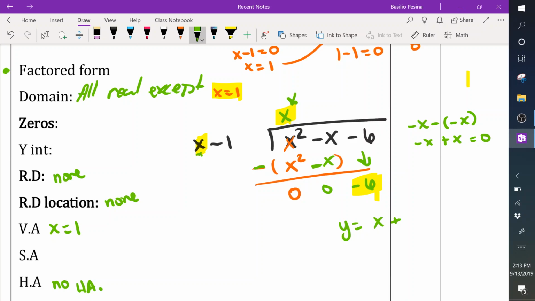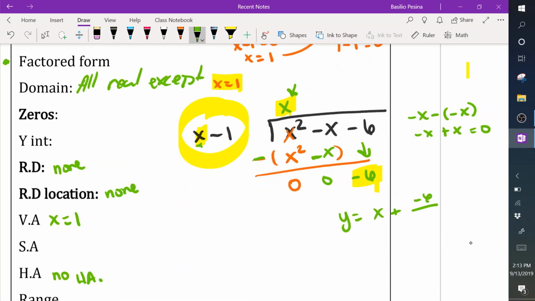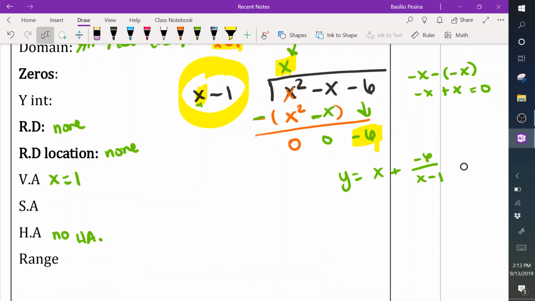So it's going to be plus negative 6 over what it was being divided by originally, so all of this, x minus 1. So this is the equation for my slanted asymptote: y equals x plus negative 6 over x minus 1. Another way of writing this that is completely the same is x minus 6 over x minus 1. That is also the same term, the same linear equation.